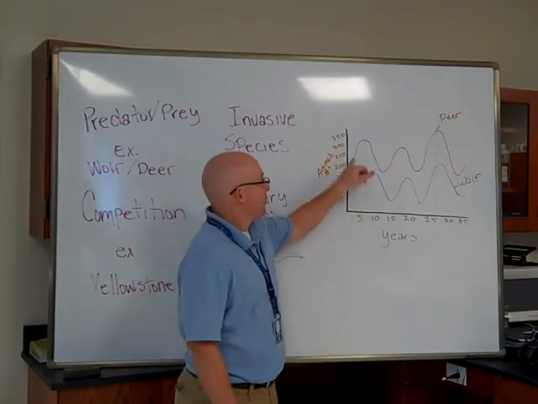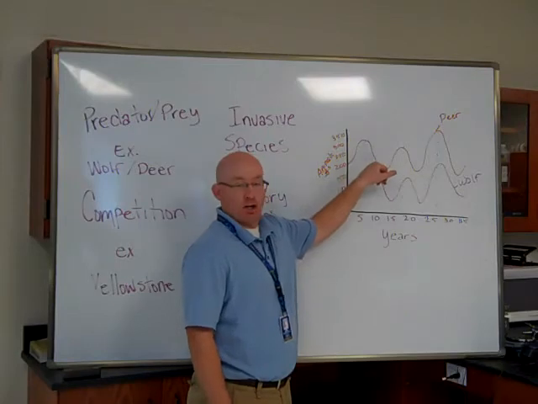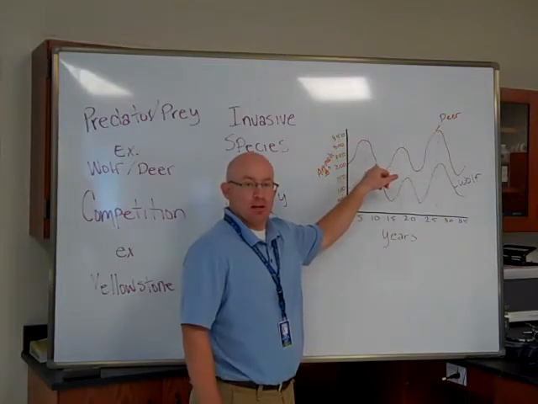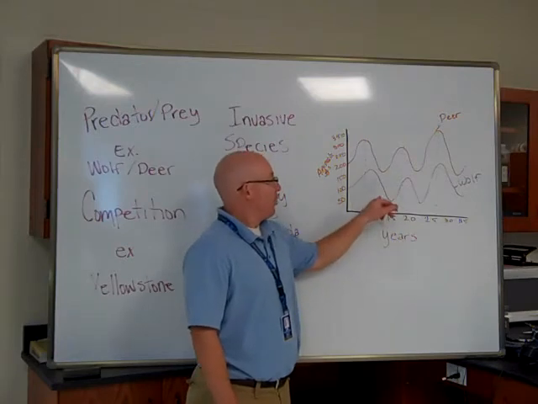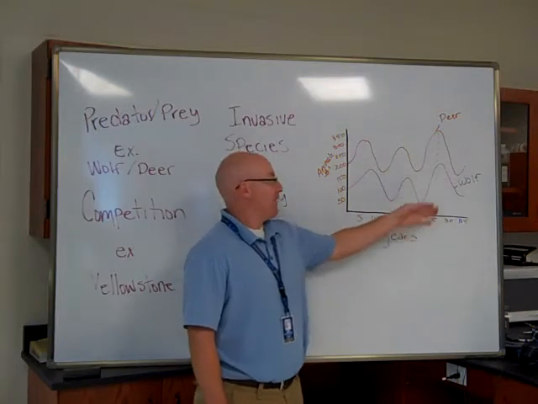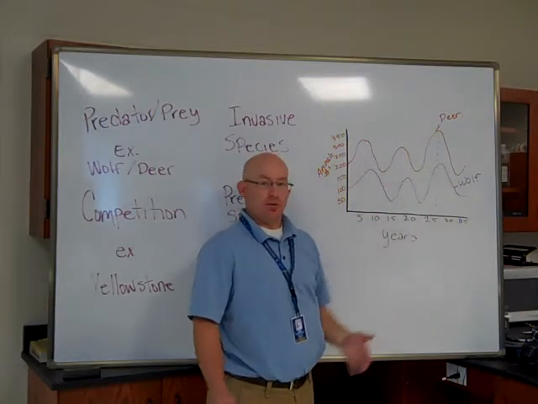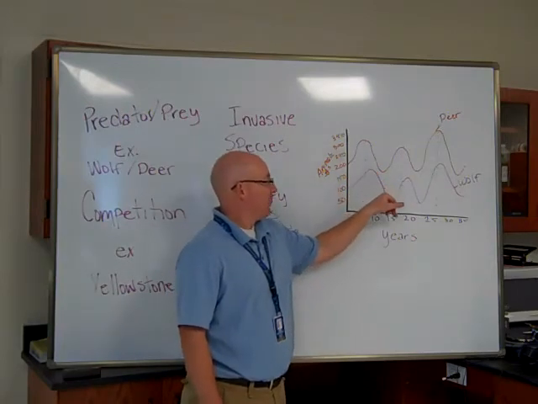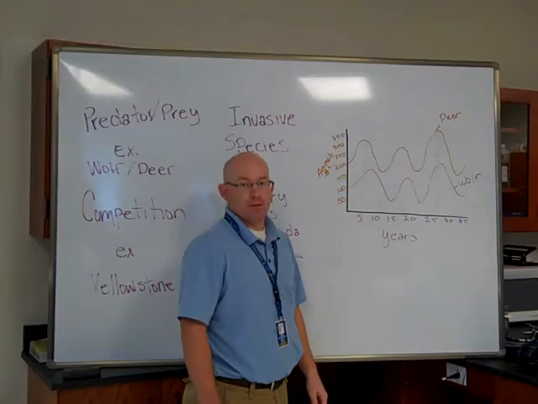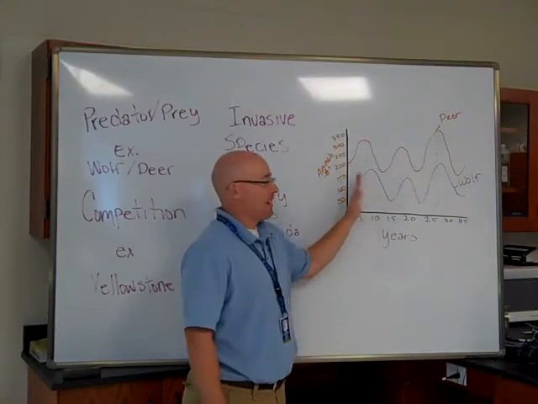On the flip side, what if the deer then start going down? If the deer start going down for whatever reason, then the wolf will follow. It doesn't have enough food. The wolf starves to death or it can't reproduce, so the wolf numbers go down. So there's a lag time between.